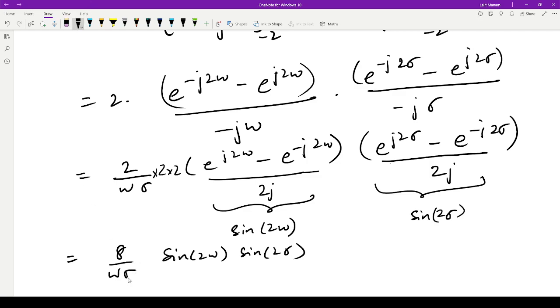So cos theta will be what? E power j theta plus e power minus j theta upon 2. But then sine of theta is e power j theta minus e power minus j theta upon 2j. Yes, everyone agrees. This comes from the complex numbers.